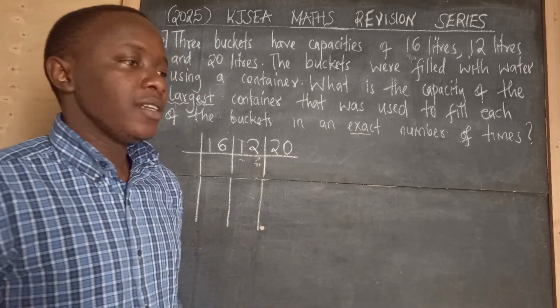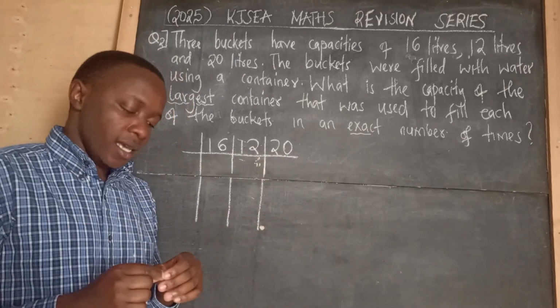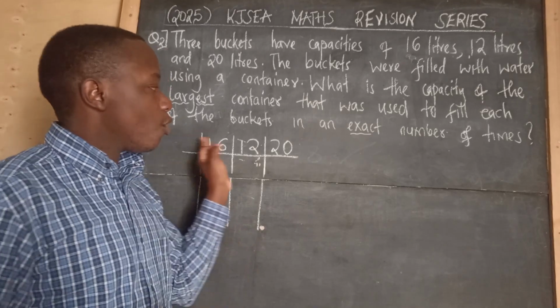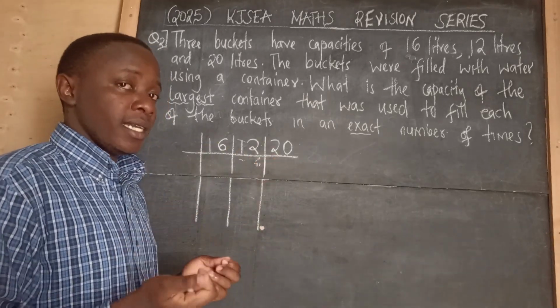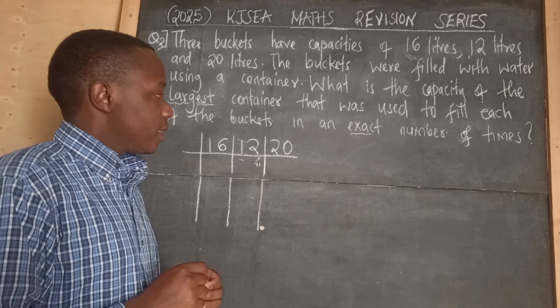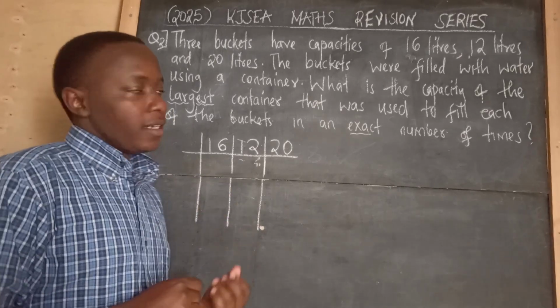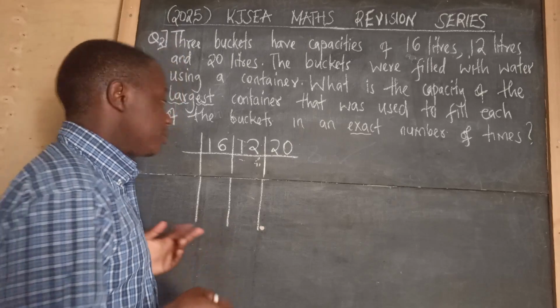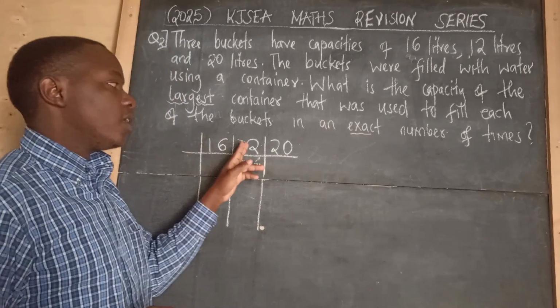So if you're in grade 9, you know very well that when you're finding the GCD, you have to find the largest number that can divide all these numbers without a remainder. Okay? So if you're in grade 7 and you're learning, this is how we do it. So you'll say 16, 12, and 20.